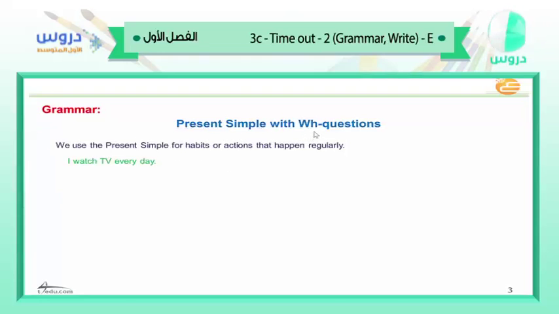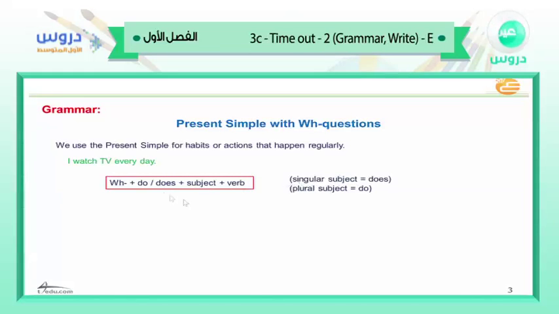Now how can we make WH questions in the present simple tense? We use at first the WH question word, like where, when, what, why, who, and so on. After that, do or does. If we have a singular subject, we use does.